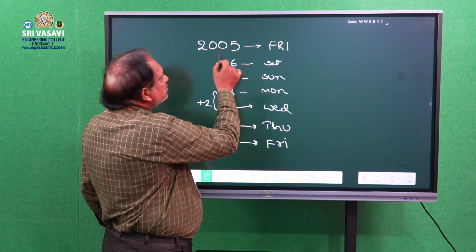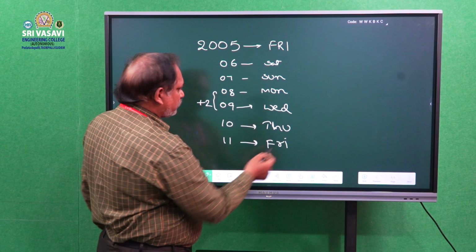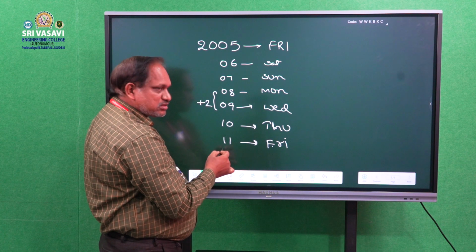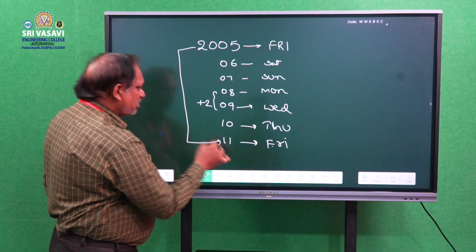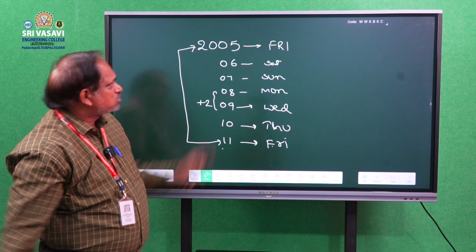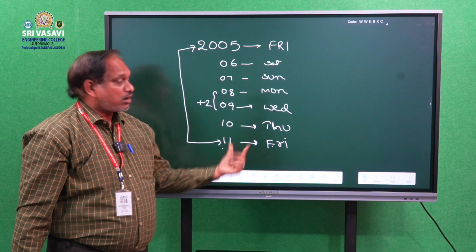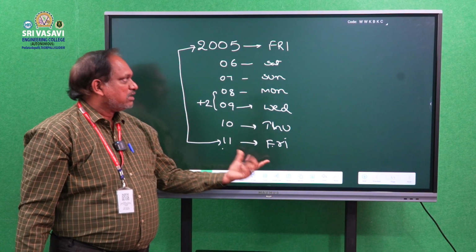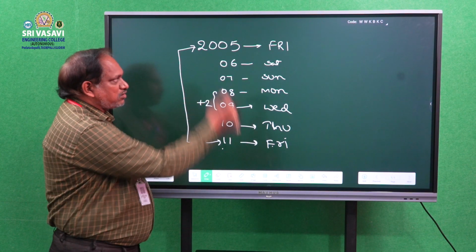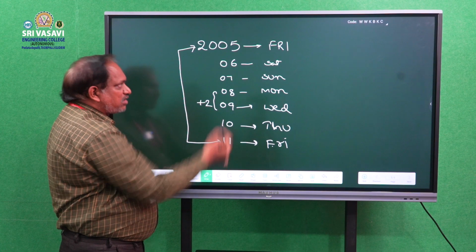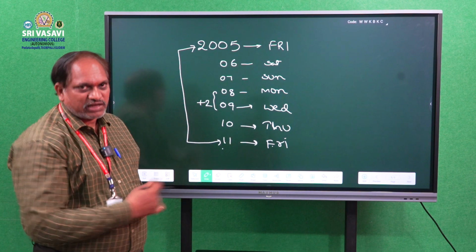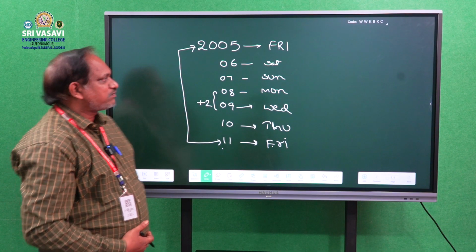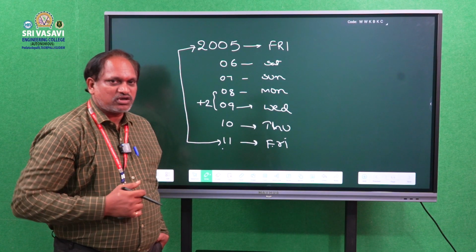So 2005 is given as Friday, therefore 2011 January 1st is also Friday, and these two are not leap years. So from January to December all the dates coincide, therefore according to this data the calendar 2005 is the same as 2011. So basically this information is enough from the competitive point of view.